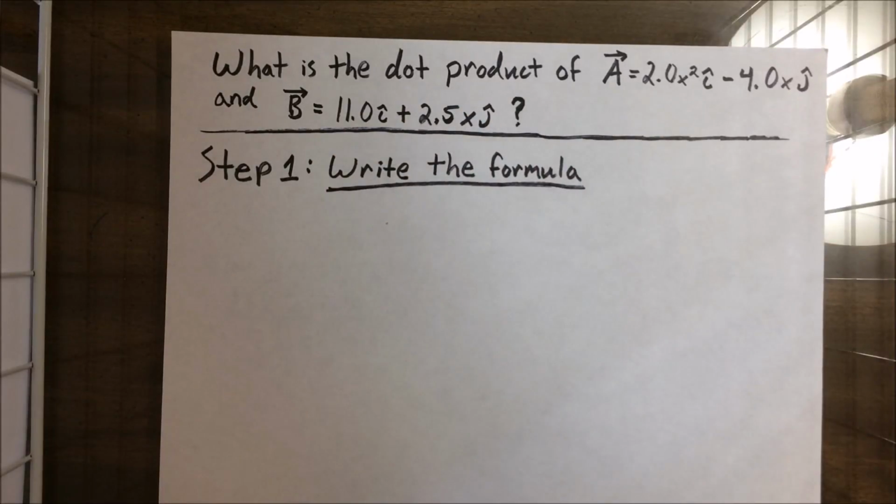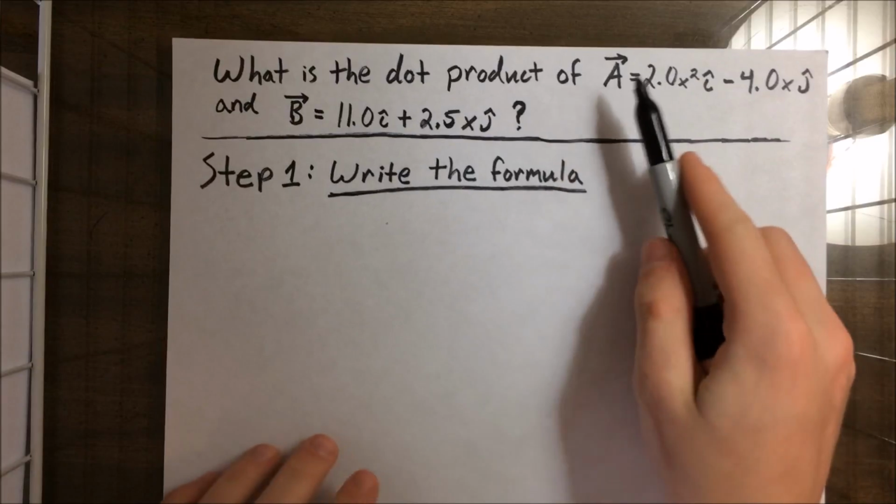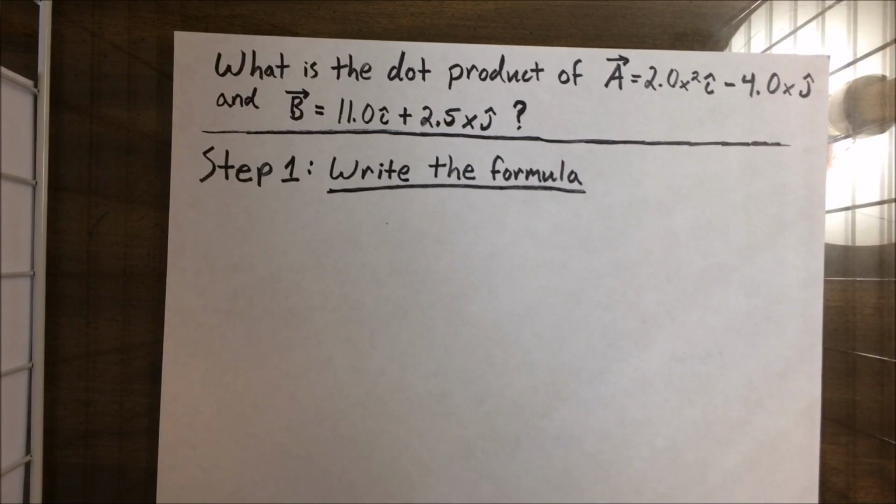Example here is, what is the dot product of vector A equals 2.0x squared i hat minus 4.0x j hat, and vector B equals 11.0 i hat plus 2.5x j hat.